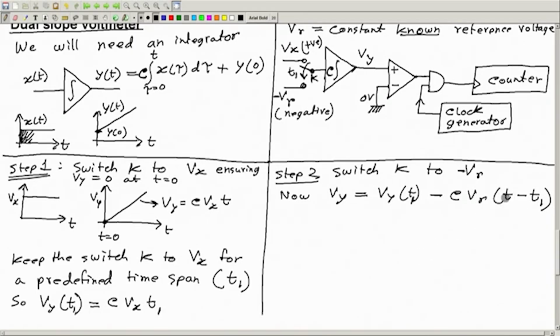As T increases beyond T1, this value will continuously decrease. Let me also put in the starting value, which is C Vx T1. So this is the starting value, and now it is decreasing. The question is, when will Vy be equal to 0?